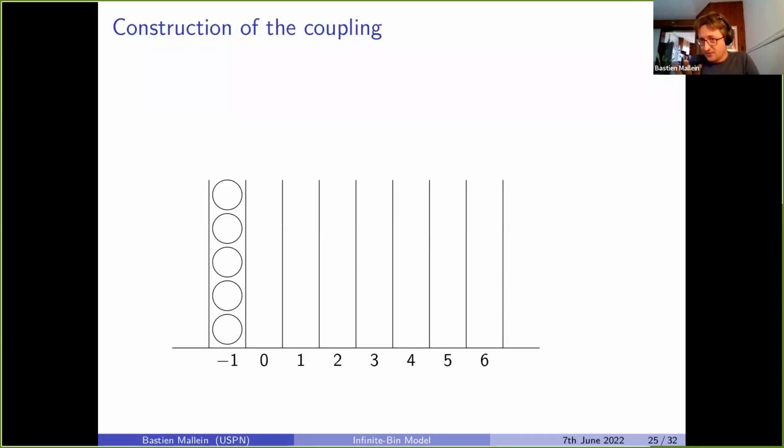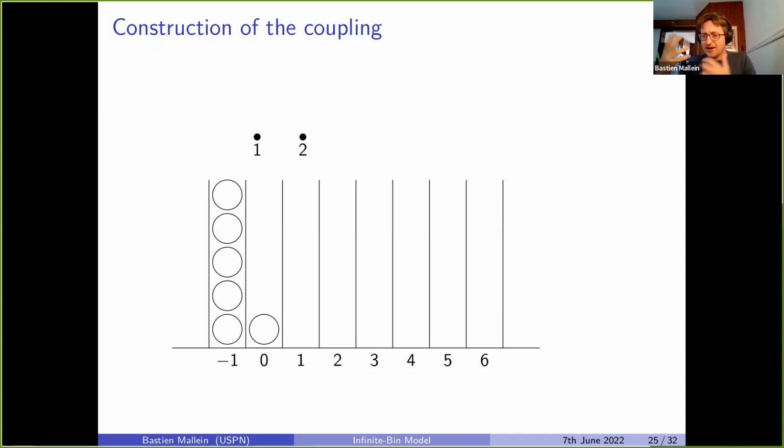I have my initial bin configuration with an infinite number of balls at position -1 and my empty graph on the top. I start by adding the vertex 1 in my graph. I wonder, what is the length of the longest path ending at vertex 1? It's a path of length 0 that starts from 1 and ends at 1. So I add a new ball in the bin of index 0.